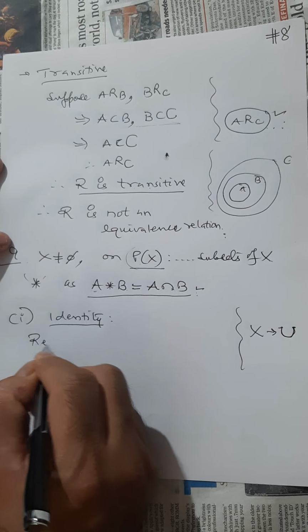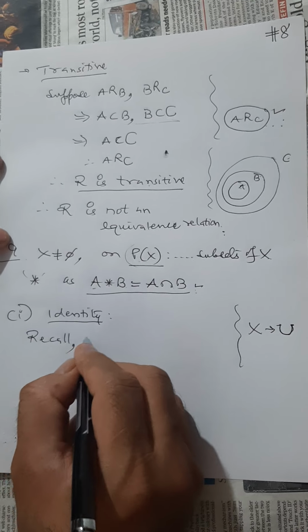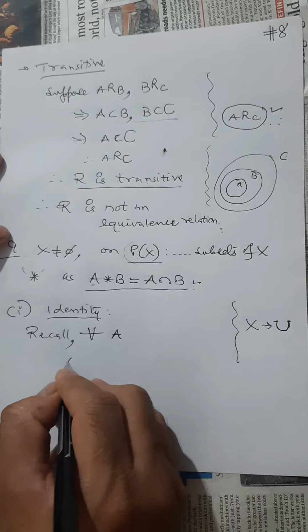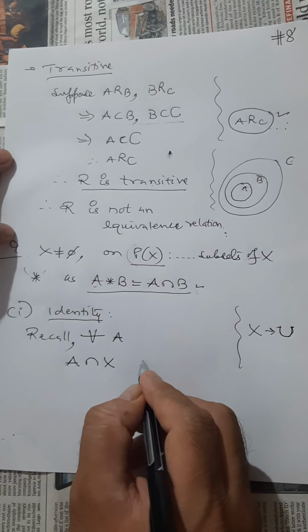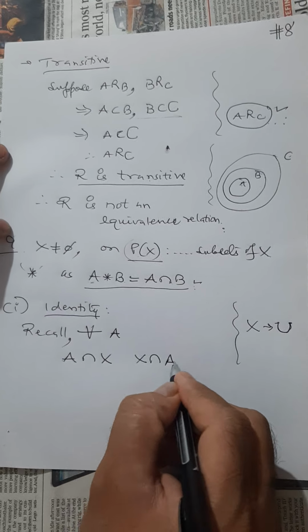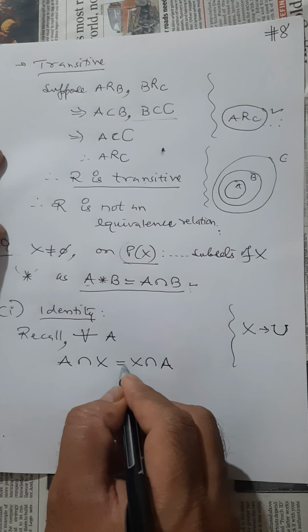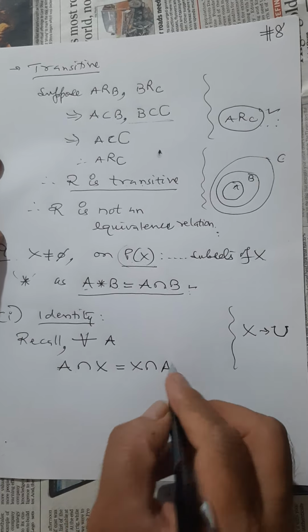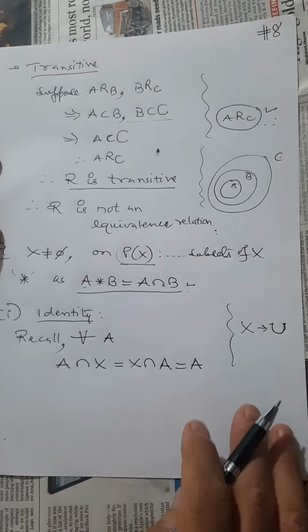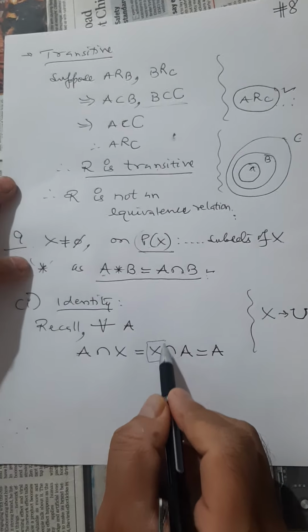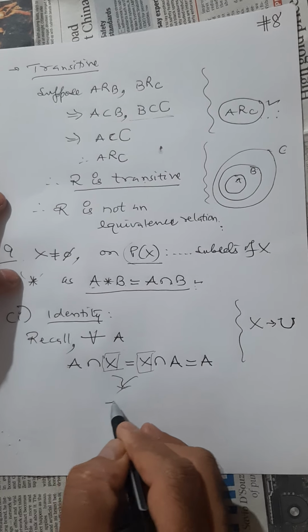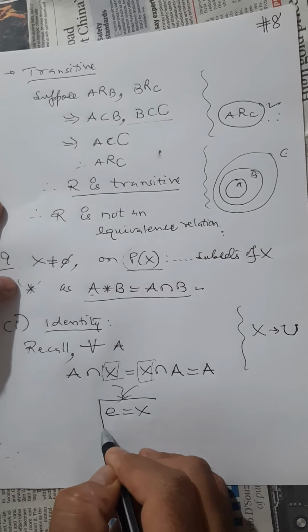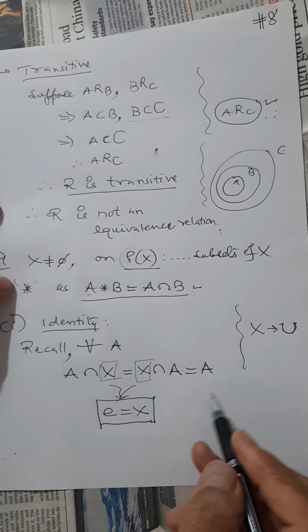And recall, this is always true, a standard property: for every set A, A intersection X and X intersection A are always equal, and the answer will be that set A only. So this is like E, as we have discussed. So here the identity is X.